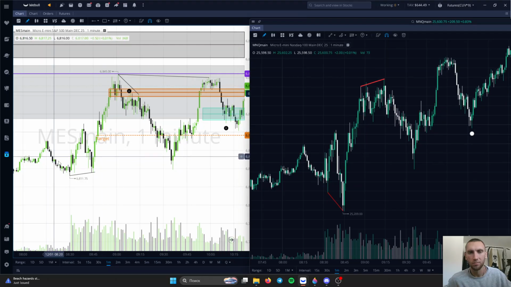You can see the difference. Here is a lower low, higher low, while for NASDAQ it's a higher low. So we actually tagged into this liquidity pool and went all the way up, while here we still hold the bullish structure.